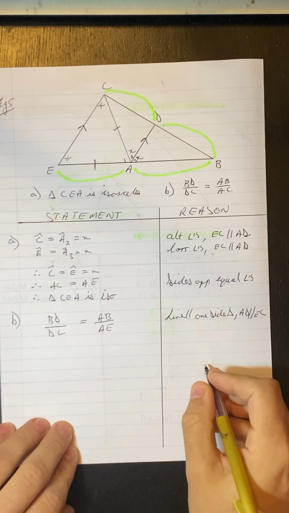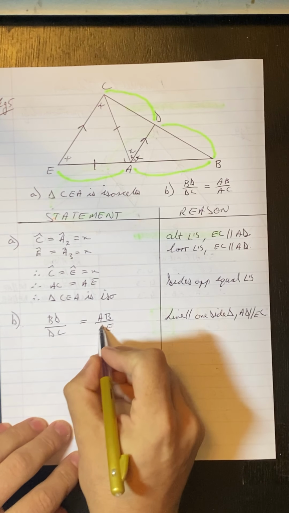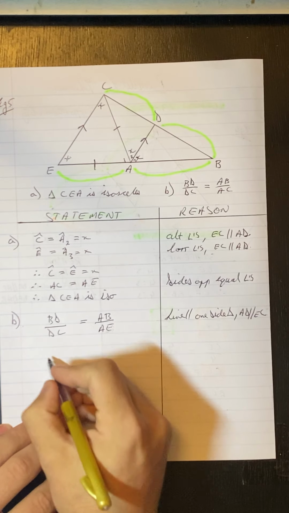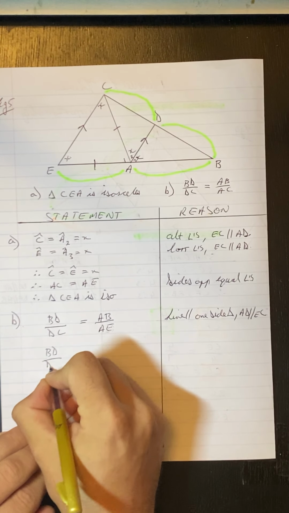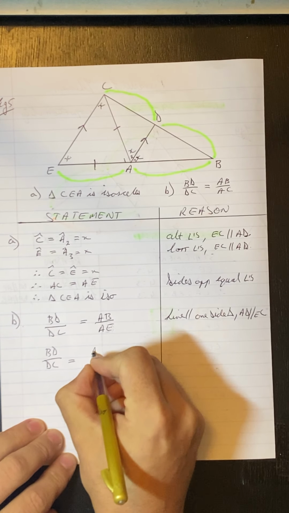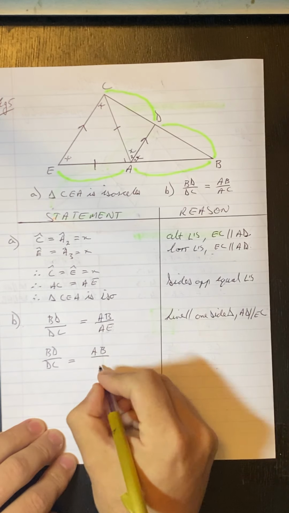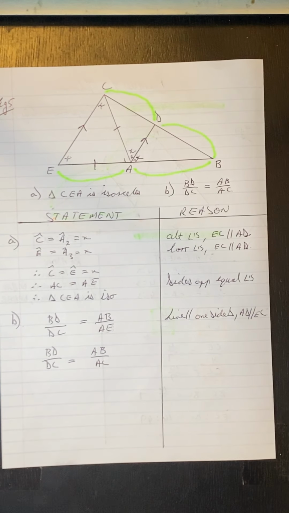Okay. Now, what do we know? We know that this AE is equal to AC. We just proved it over here. So BD over DC is equal to AB over AC. And we have proved it. Okay, thank you, grade 12s.